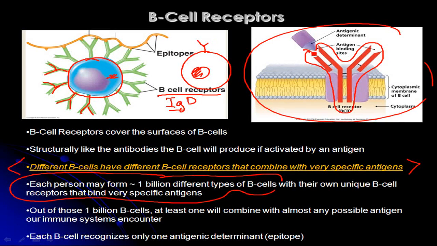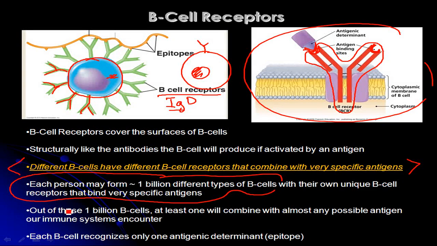And that's what they're showing you over here as well. The antigenic determinant of an antigen binds down into the pocket, the antigen binding site, the variable region of the B cell receptor, just like we talked about with an antibody molecule.